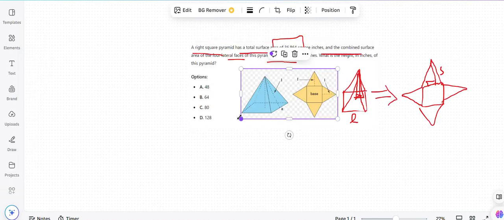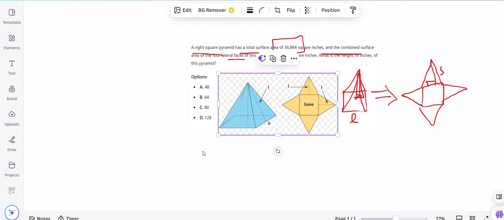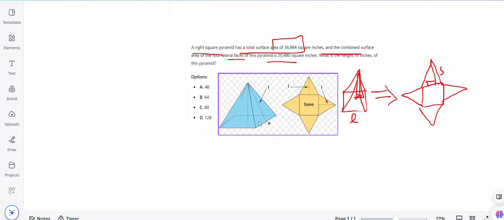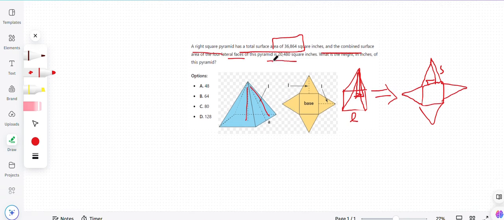I have taken this picture. In this we can clearly see this part is the slanted height, and this part is the real height. We have to keep in mind that the slanted height equals the height of each triangle part. So in this question we have lateral surface area and total surface area.